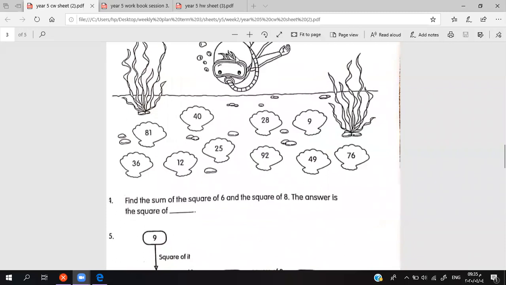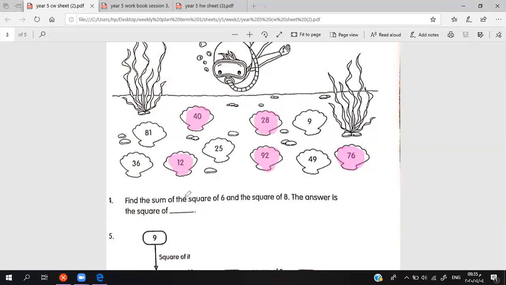Let me see. 81 is a square number, 36 is a square number, 12 is not a square number, so I can color it. 40 is not a square number. 25 is a square number because it's 5 by 5. 92 is not a square number. 9 is a square number because it's 3 by 3. 49 is a square number because it's 7 by 7. 76 is not a square number.